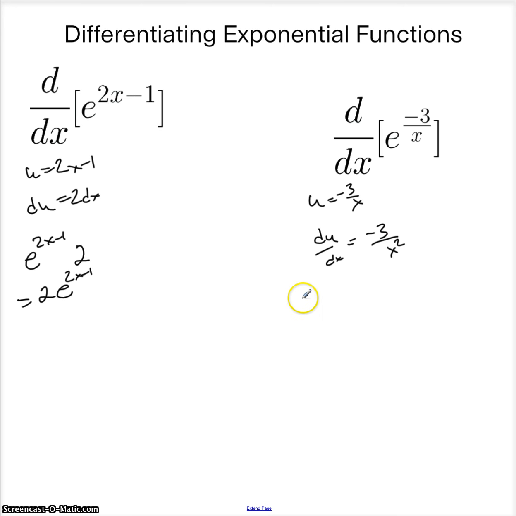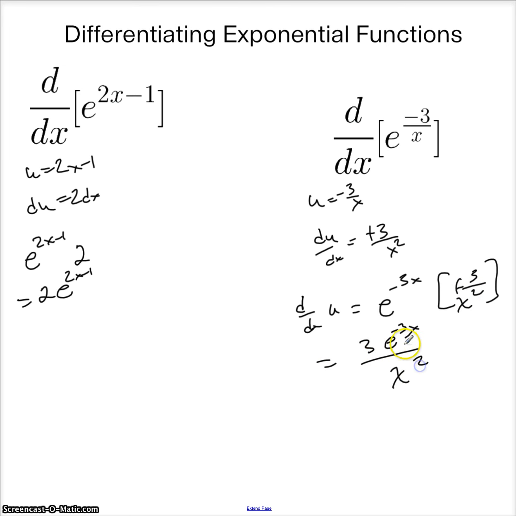So this derivative is equal to e to the u, which is e to the minus 3 over x, times negative 3 over x squared. Now, you know what I lost? I lost a negative sign. You got to help me out here, folks. So this is 3e to the negative 3 over x divided by x squared.